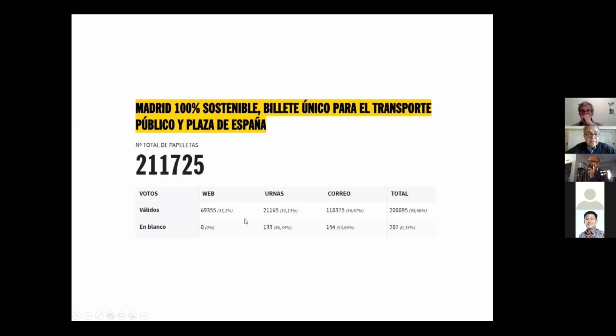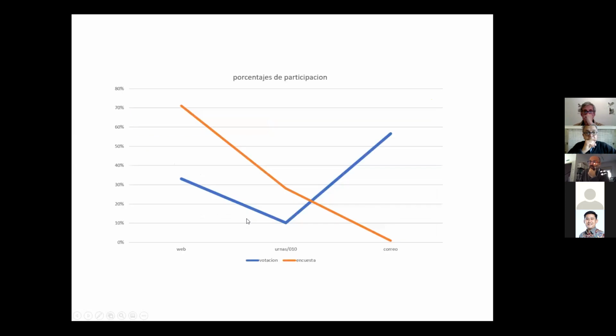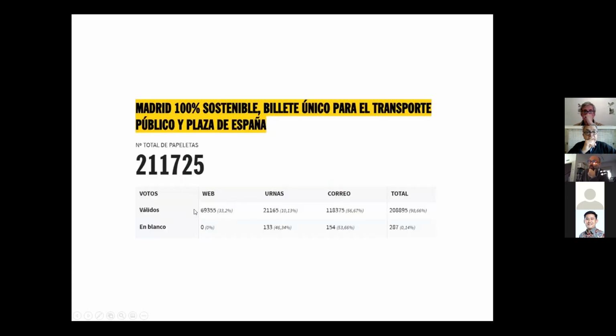This is how they voted. A lot of people voted by web. You could vote in polls or by mail. Okay, and we were told that only the young people would vote, and mostly they would do it by web.